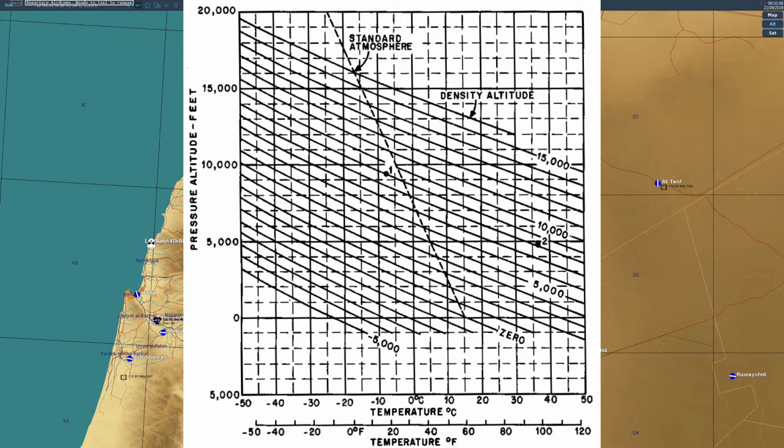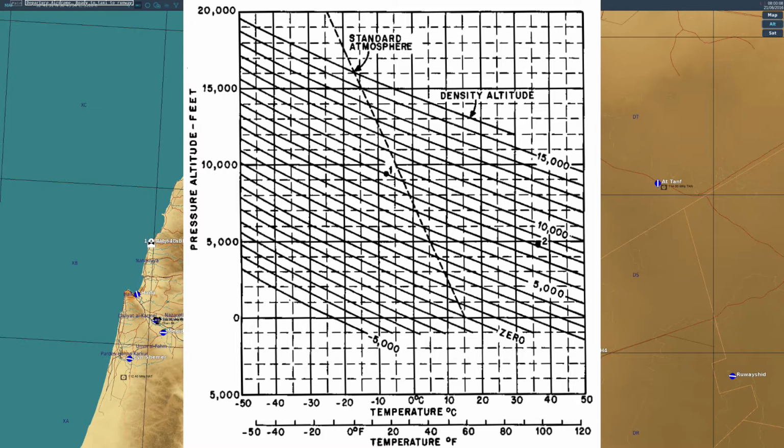And then when we move to Ruweshid, we're going to be jumping up to around 3,000 feet above sea level. So if we go up to 3,000 feet on the left-hand side of the chart and trace that over to 35, we're going to get as if the aircraft is sitting at almost 6,000 feet and flying.